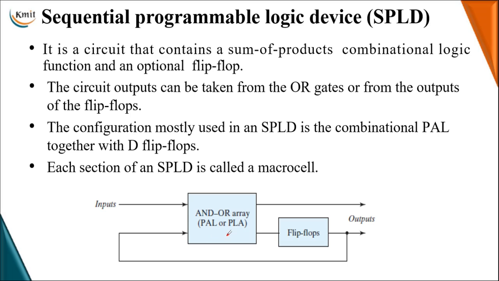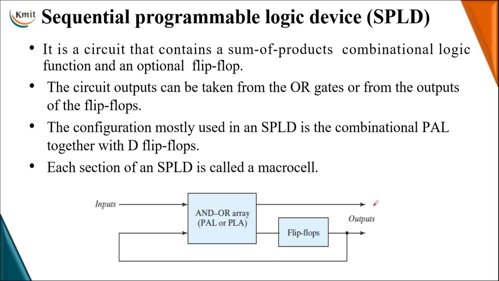The difference between PAL and PLA is that in both, the AND gate is programmable, but in PAL the OR gate is fixed, whereas in PLA the OR gate is programmable. Here we will mostly prefer the PAL, and the inputs are transmitted through this array of AND gates and OR gates.